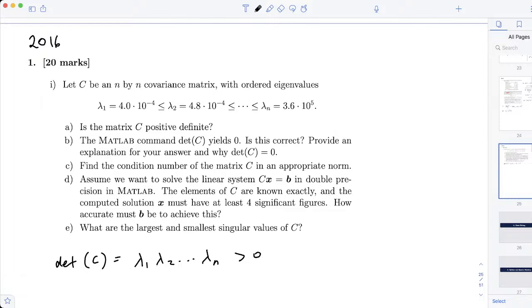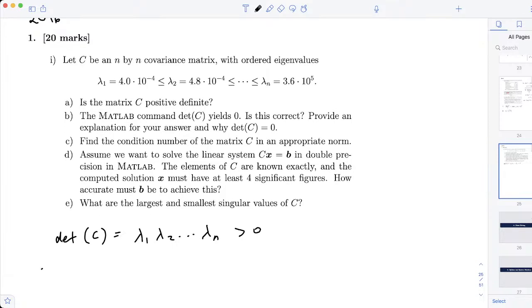Now, we're finding the condition number of the matrix C in an appropriate norm. This was something I said earlier and it was really important. If you have eigenvalues and you're finding the condition number, you're finding the 2 norm condition number, and it's just the biggest eigenvalue over the smallest eigenvalue. So kappa 2 of C is just going to be 3.6 times 10 to the power of 5 over 4.0 times 10 to the power of negative 4.